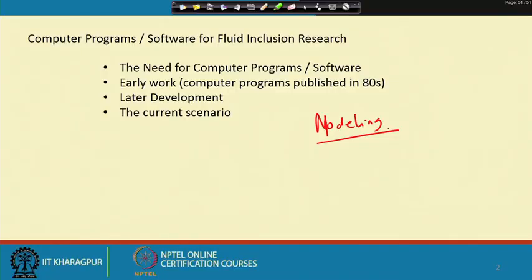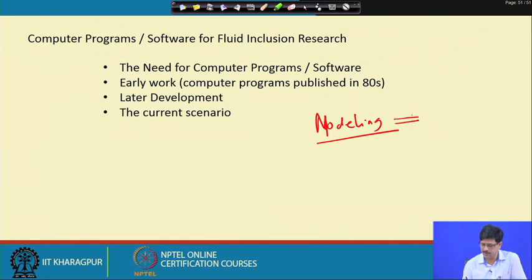But the computer modeling exercise, what we actually mean, is more useful for quantification of the fluid rock interaction.